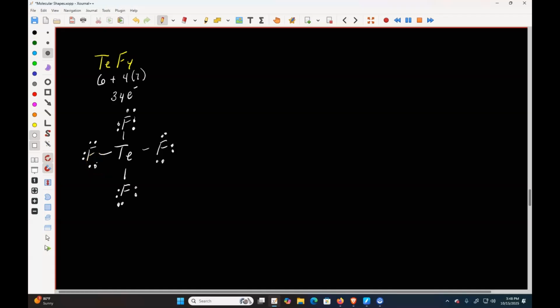That gives me 28 electrons that are being represented here. No, 32 electrons. I'm sorry, I can't add. So I need another pair, so I'm going to put them here or anywhere between any of these. So that's going to give me AX4E1. So that's going to be an irregular tetrahedron, or a seesaw.